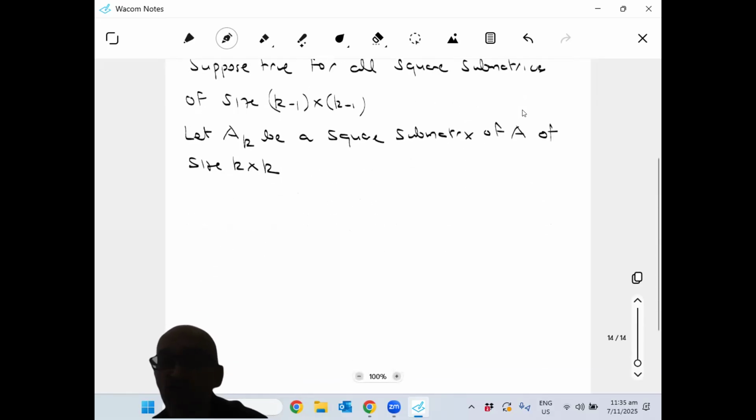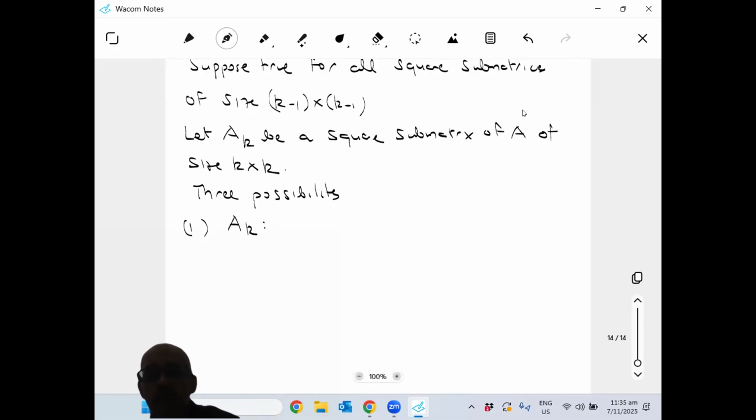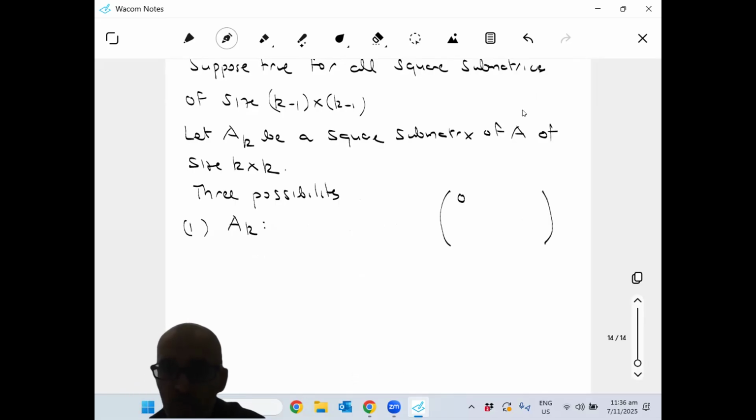What do we know about this matrix? What are the possibilities? Three cases are possible. One, this matrix AK might have a column of all zeros.